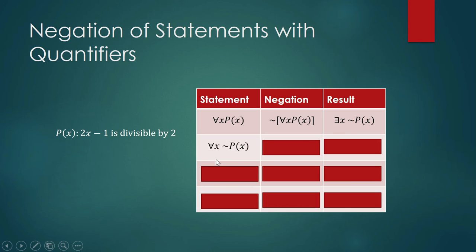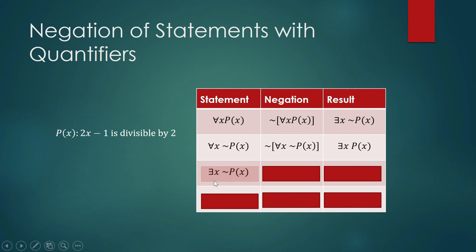For all x, 2x minus 1 is not divisible by 2. What then is its negation? Let us read it. There is an integer x where 2x minus 1 is divisible by 2. There is an integer x such that 2x minus 1 is not divisible by 2.